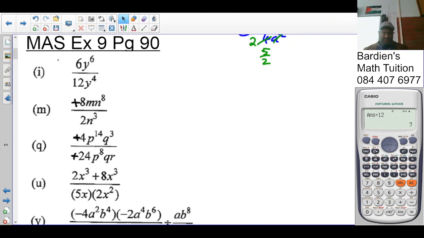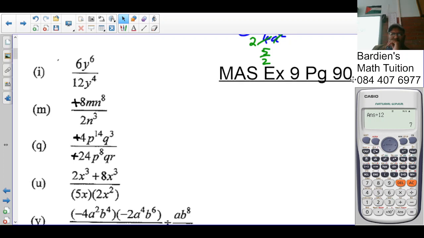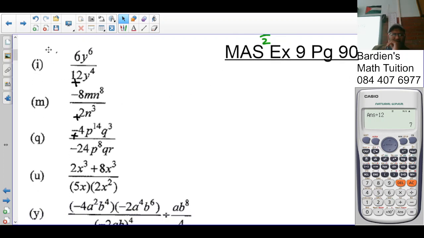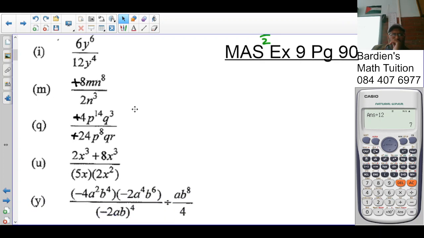Yes? The first one? I was supposed to divide the numerator 6 by the exponent. I don't know what you're talking about. Must divide the 6 by the exponent.